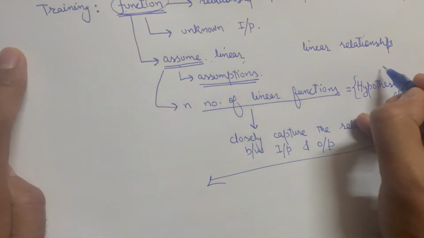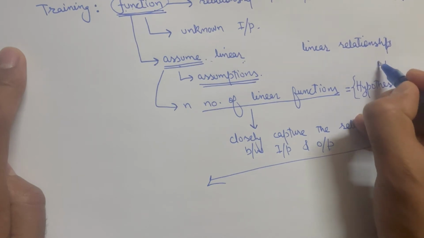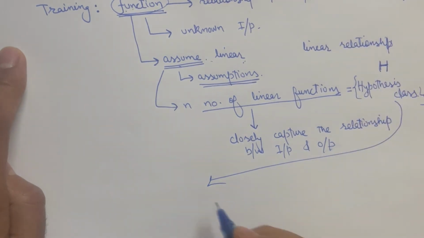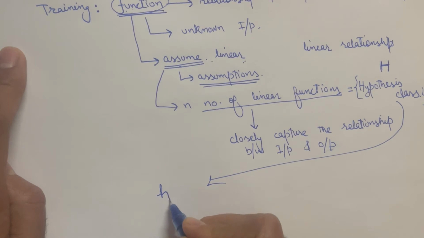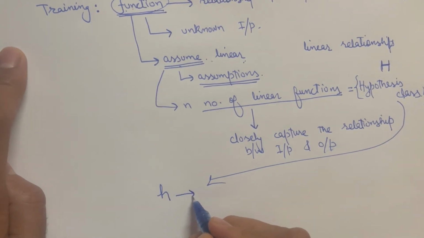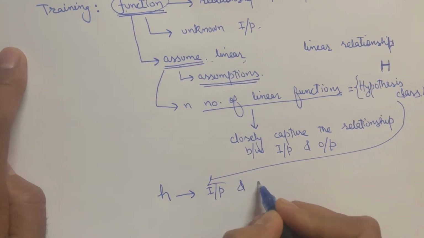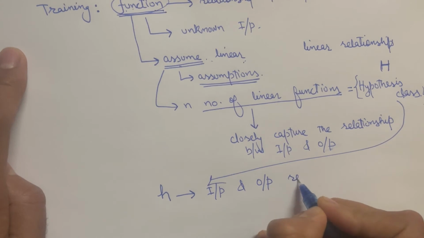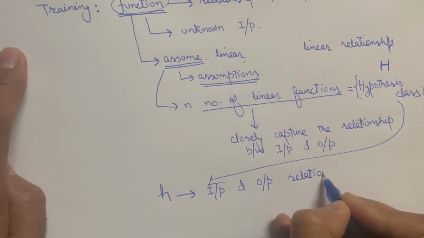This is also represented by capital H. So from this hypothesis class, we have to find one hypothesis function that should closely capture the input and output relationship.